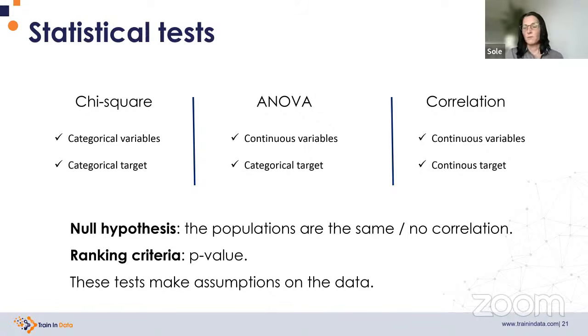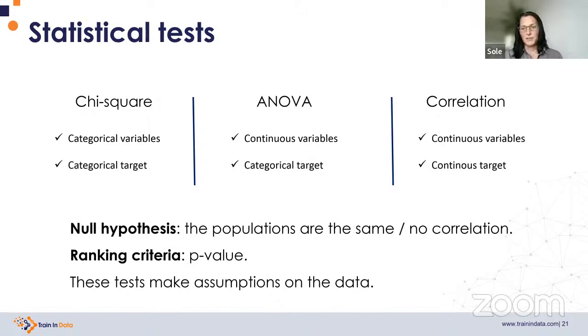All of them produce a p-value, which is the probability that the null hypothesis is true. So the smaller the probability, the less likely that the null hypothesis is true. So the more likely that there is a difference between the distributions, or there is an association of the variable with the target. Therefore, the smaller the p-value, the more important the feature.